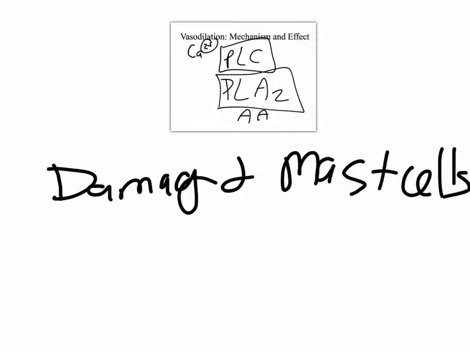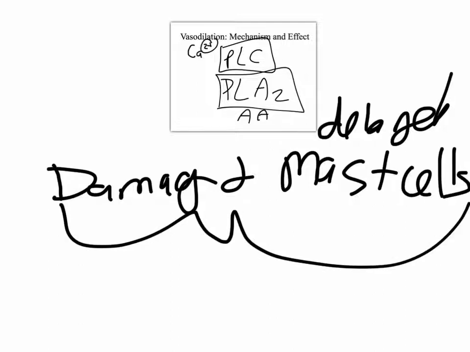So for right now, what I want you to remember is that tissue damage and mast cells, and remember it's the secondary, delayed mast cells, these two things produce arachidonic acid.